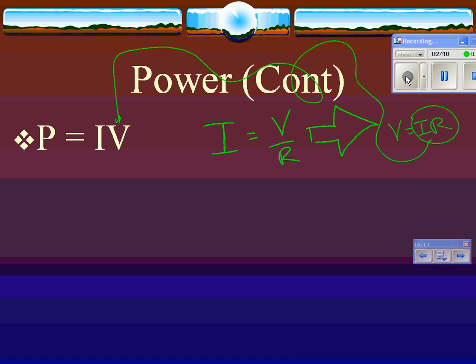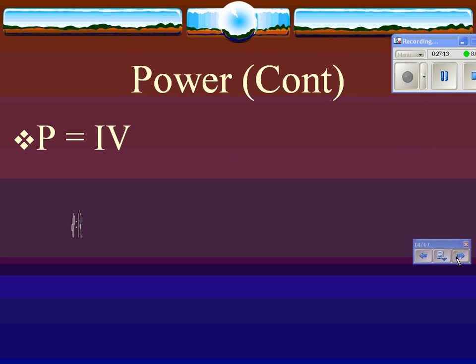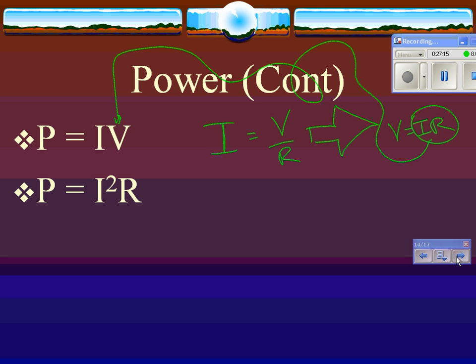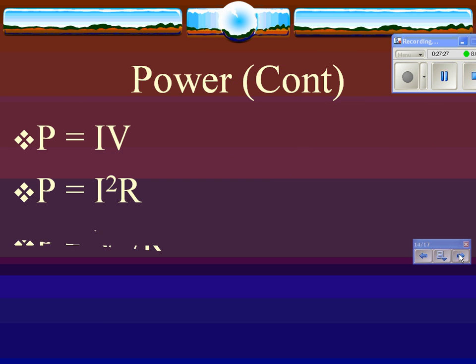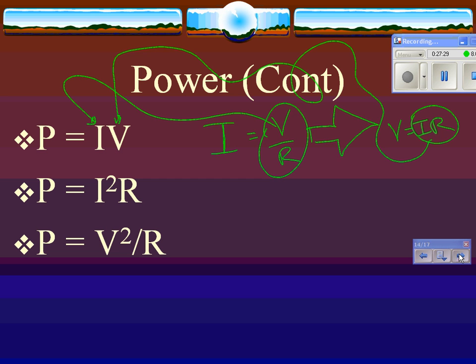Another equation for power, which says P equals I squared times R. Excellent. I could also take this and plug it in for I. And then what would I get? V squared over R.